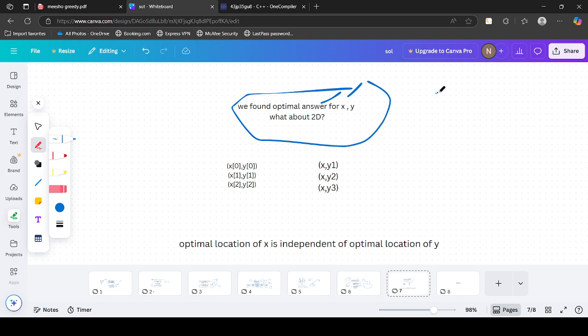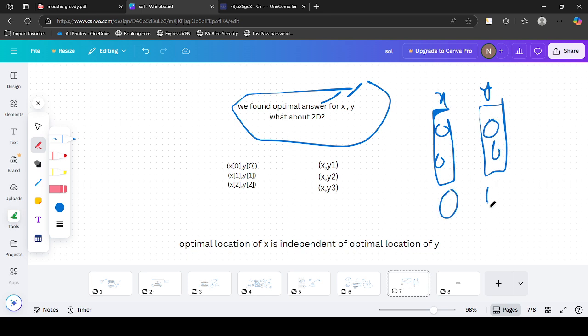We found the optimal answer for x and the optimal answer for y, because for one dimension it is correct. We can do it for only x and for only y, but each person is at a particular x and y. Here we have done it independently for x and independently for y. This is correct individually, but is it correct for the pair as well? It is, because once we find the optimal x and the optimal y, the best optimal location is simply x optimal comma y optimal.